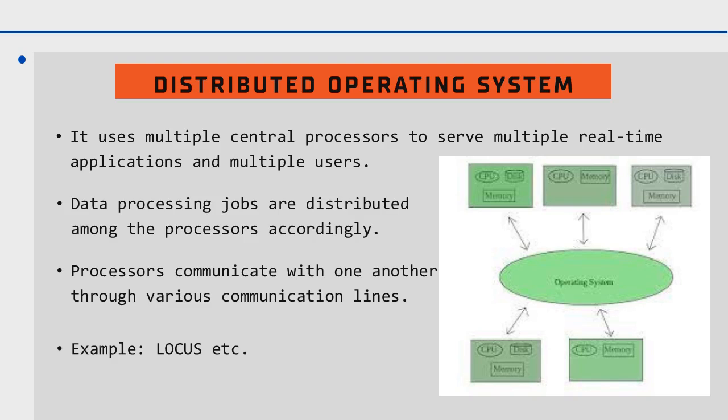These processors can be located in different places, but they communicate with each other through communication lines or a network. Because the work is shared, the system becomes faster, more reliable and efficient. A common example of a distributed operating system is Locus.